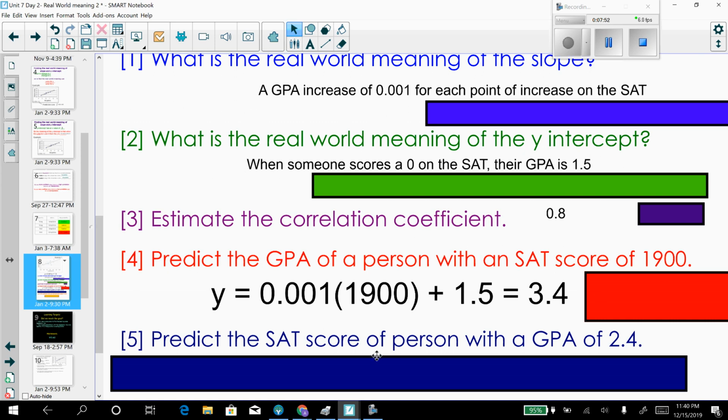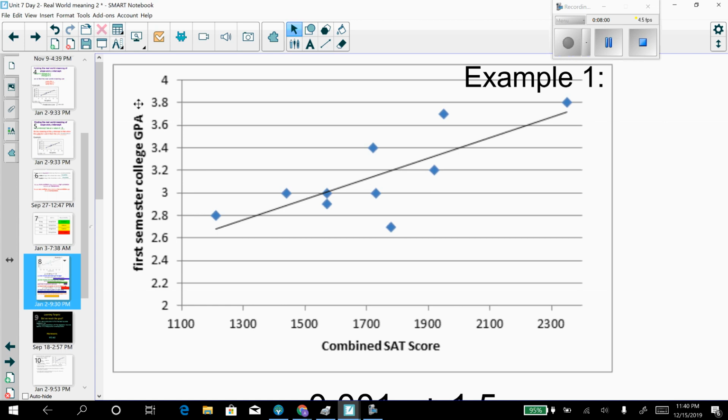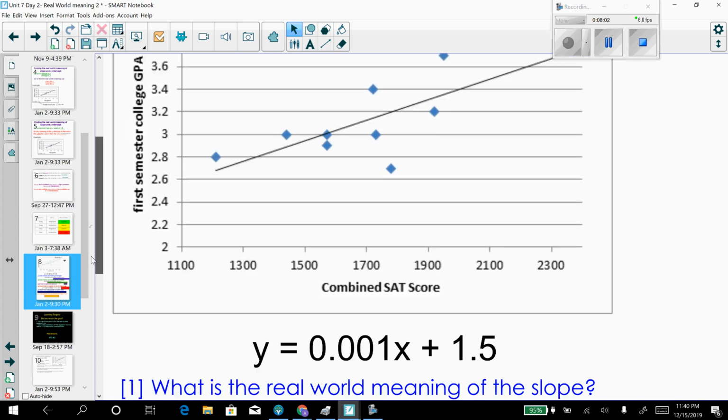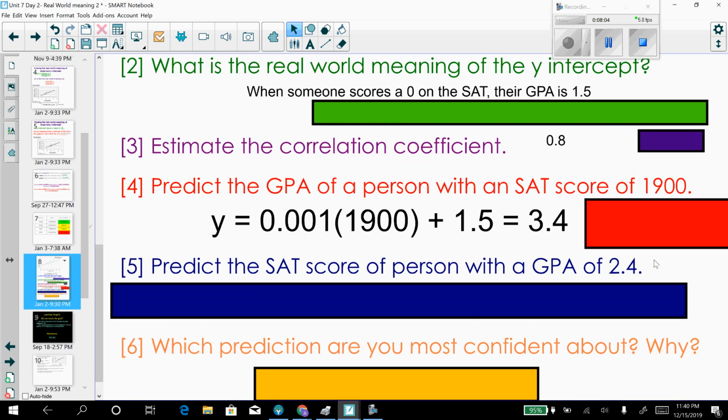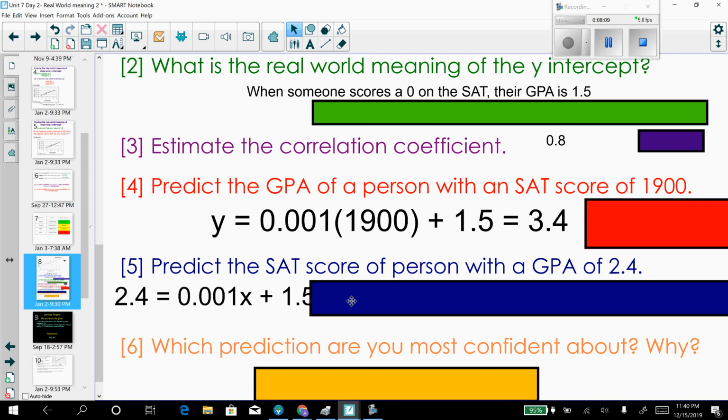Next, we're going to predict the SAT score of a person with a GPA of 2.4. So now we know the GPA. Let's look up here at our table. GPA is going to go in place of the y, okay? So we're going down here. We're going to put the 2.4 in place of our y. So 2.4 equals 0.001x plus 1.5. Then we're going to subtract this 1.5 from both sides.